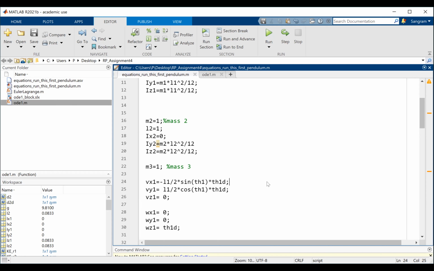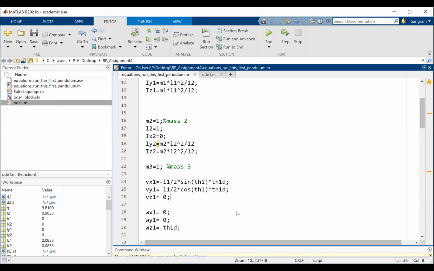Remember the first line was theta TH1, TH1D, D2, D2D. So that's why I didn't use the diff code. There is a way that the whole thing can be done with MATLAB using diff, but I will explain that in the next class, not now. Let's go step by step. Okay, so omega x1, omega y1, omega z1 is defined.